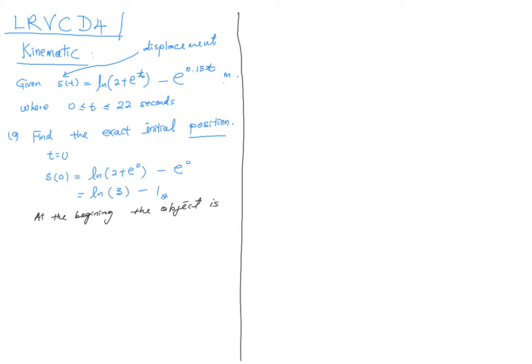Yes, because this is greater than 0, ln 3 minus 1 is to the right of the origin. So you must know how to interpret the meaning of displacement and position, okay? When you see the word initial, t equal to 0. That is something for kinematics that you must know.